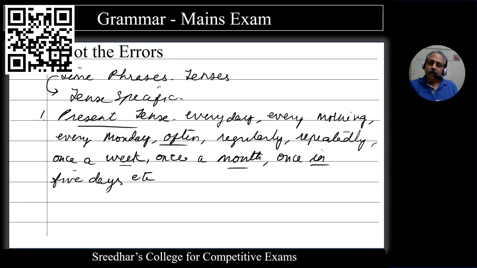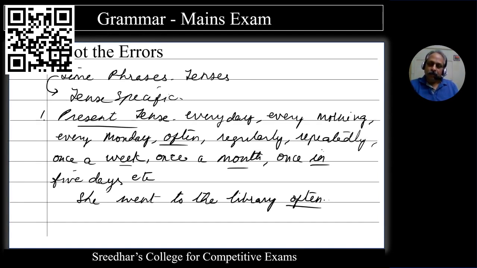Then we cannot use the sentences in past. She went to the library often. It is not correct. What is the reason? She went to the particular library, often. Now, how do you decide where the error is? One word is enough, often, time phrase.